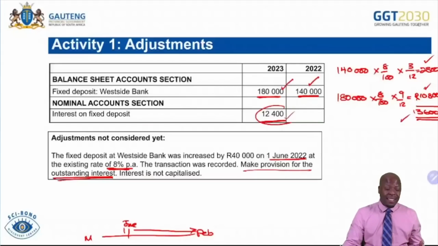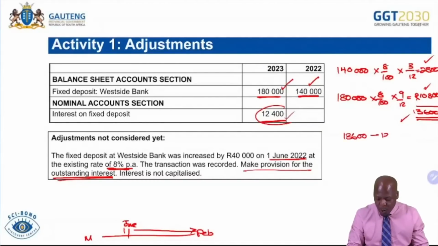So there is some money that we have not yet received. How much is that therefore? We are simply saying the difference between what we have earned, 13.6, and what we have, 12.4, gives us 1,200. This is our interest that is outstanding.